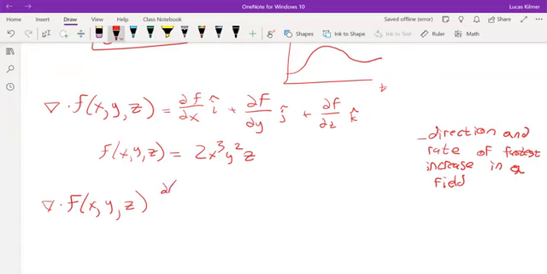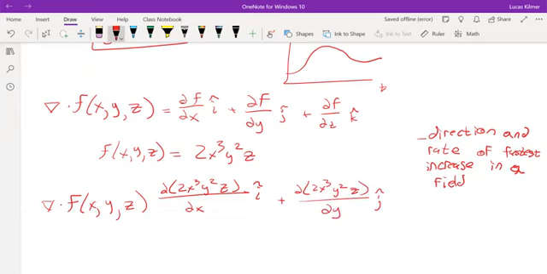We would take the partial of 2x cubed y squared z over the partial of x in the i hat direction, plus the partial of 2x cubed y squared z in the y in the j direction, plus the partial of 2x cubed y squared z in the z direction with k.